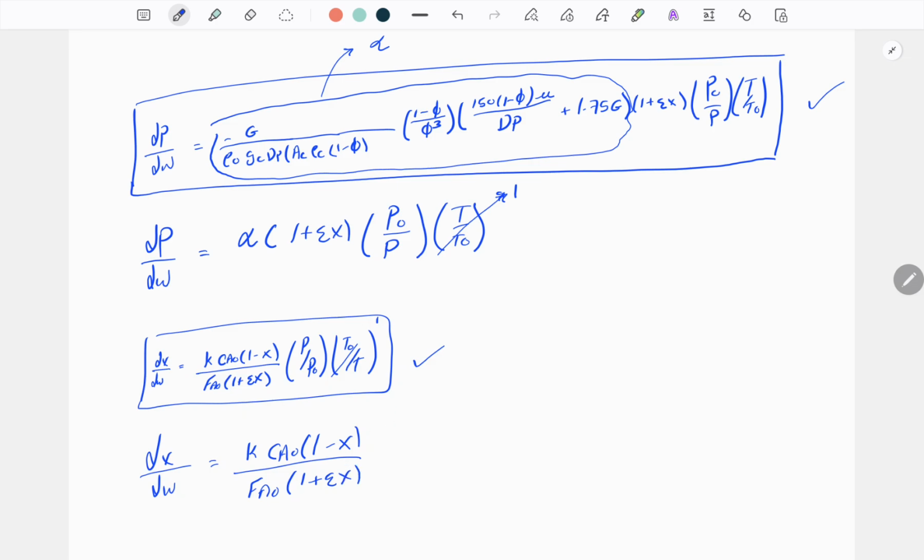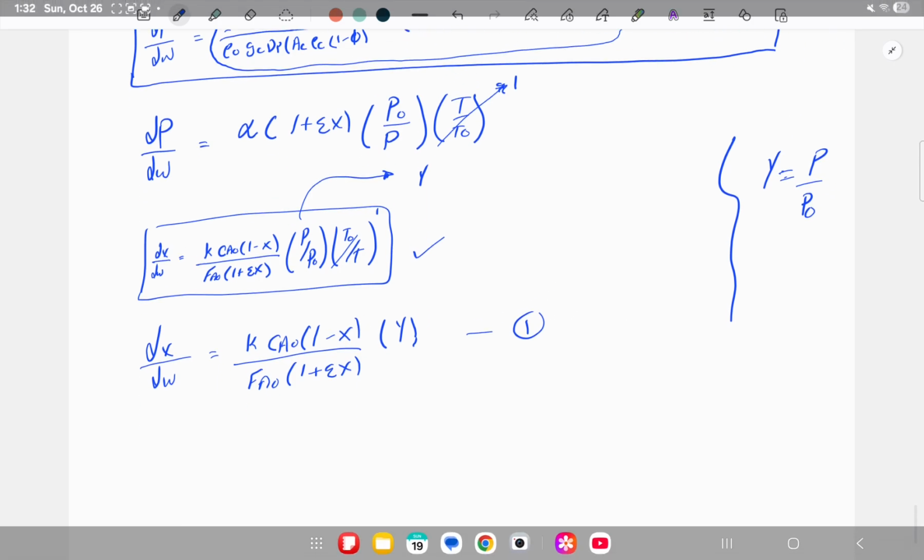Now for P over P naught, which is the initial P, we will write that as y. So we'll say that y equals P over P naught, just to represent pressure with a parameter. Okay, so we'll say times y, and that will be our first equation.